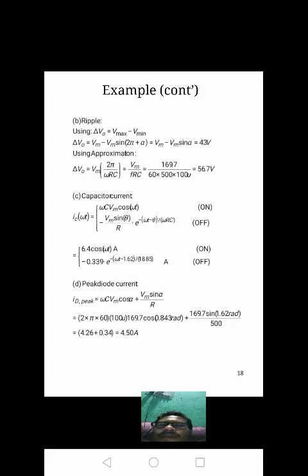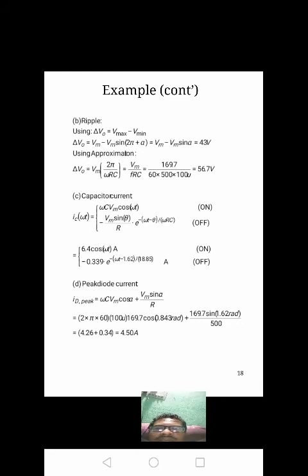The third determination is the capacitor current. How much current is flowing in the capacitor? IC of omega t is equal to omega C Vm into cos omega t when the diode is on. In the diode off condition, the current is minus Vm into sin theta by R into e to the power minus (omega t minus theta) by omega RC.